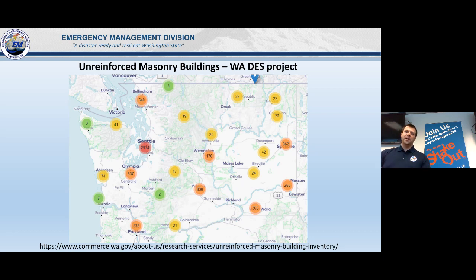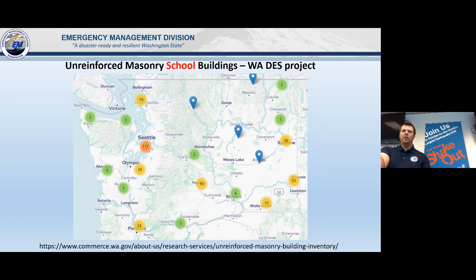That's where you get the most concentration. And then the Olympia area has a lot, as well as close to Portland, just Clark County there, like Vancouver. So this is only for Washington, but you can see that there are other concentrations, like Spokane has a lot of buildings as well. Again, it doesn't take as much shaking to start knocking the walls and parapets off. So these are dangerous in an earthquake, even a smaller one.